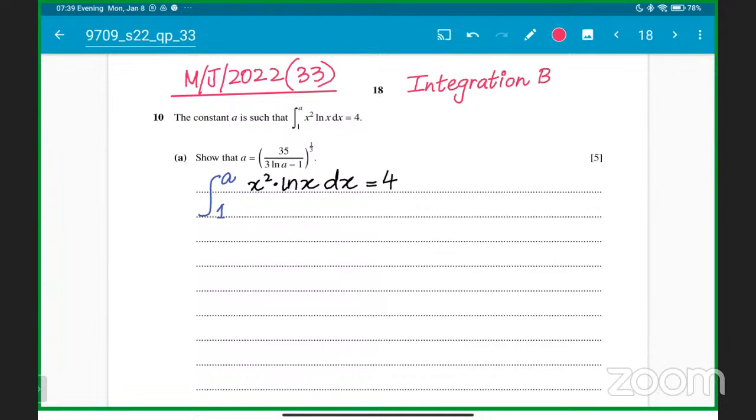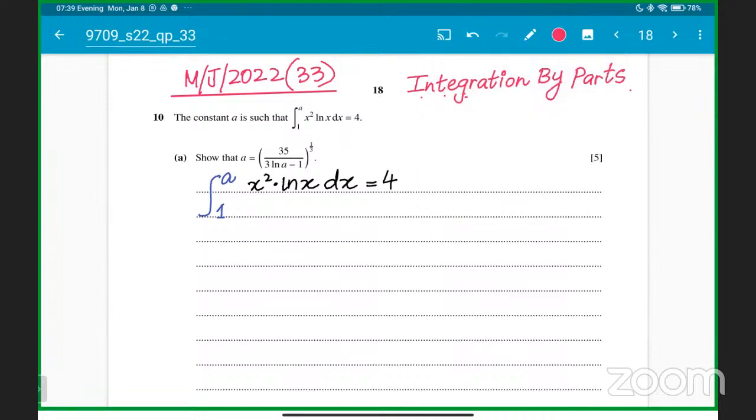Understood? Following? How do we do integration by parts? Let's learn that. When you have two different things, it means you have algebra here and logs here. x square is the algebra and ln is the logs.